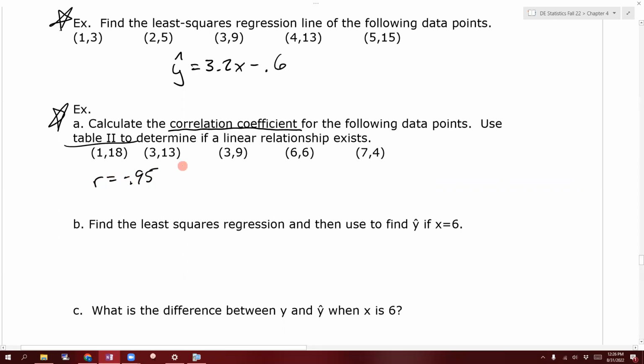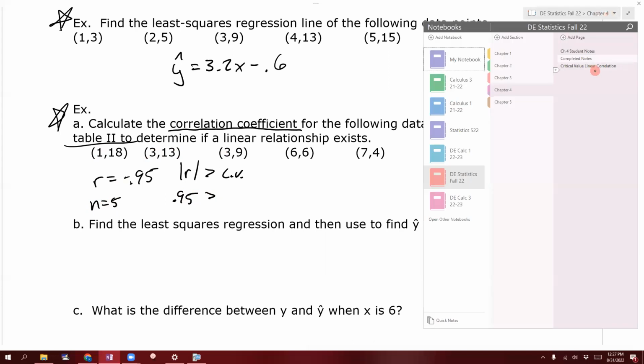Then I have to remember, okay, in order to find if a linear relationship exists, I have to check the absolute value of my R against a critical value. So the absolute value is 0.95. My N, my sample size here is 5. I have 5 different data points.